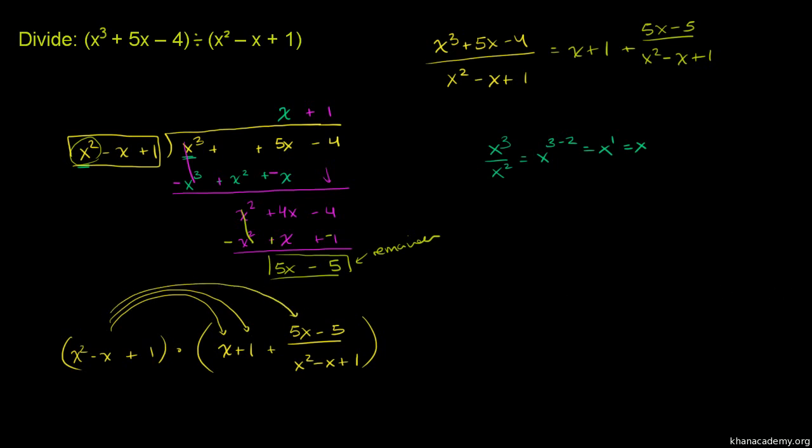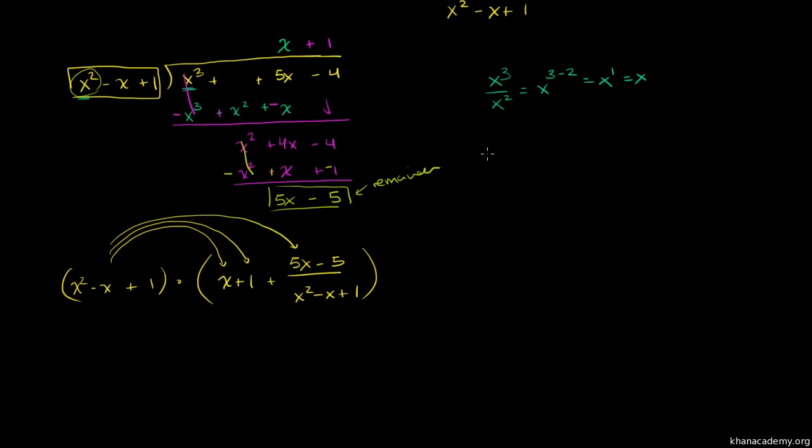When we do the first term, we have x squared minus x plus 1 times x. So that's going to be x times x squared, which is x to the third, x times negative x, which is negative x squared, x times 1, which is plus x. Then we can multiply this whole thing times 1. So it's going to be plus x squared minus x plus 1. I'm just multiplying all of these times 1.